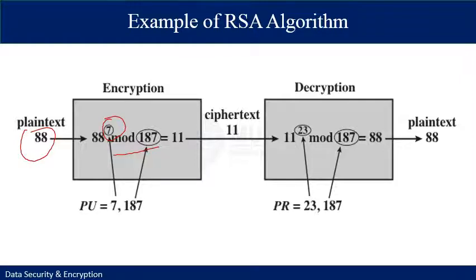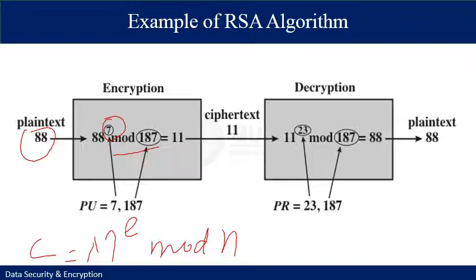If you recall the formula, it was m raised to power e mod n for generating the cipher. In this case we use the public key for encryption, where e is equal to 7 and n is equal to 187. The result is equal to 11.